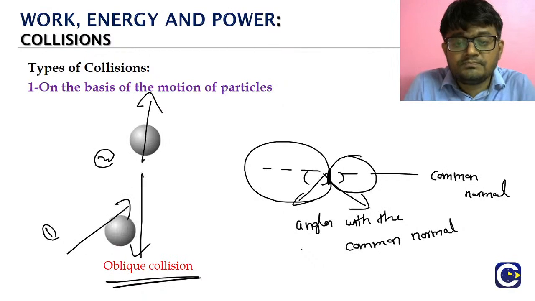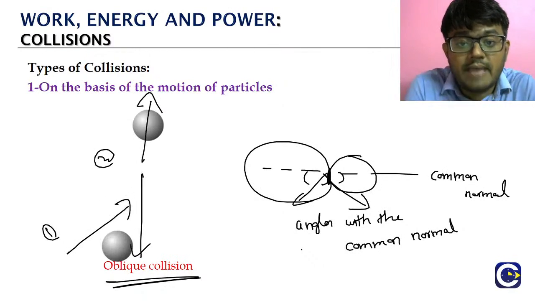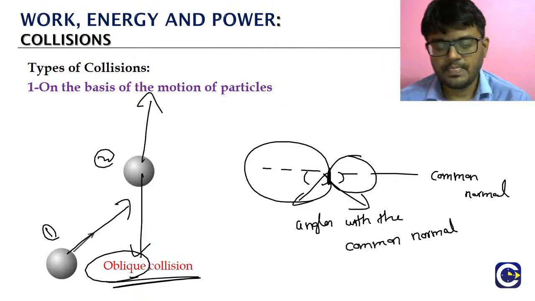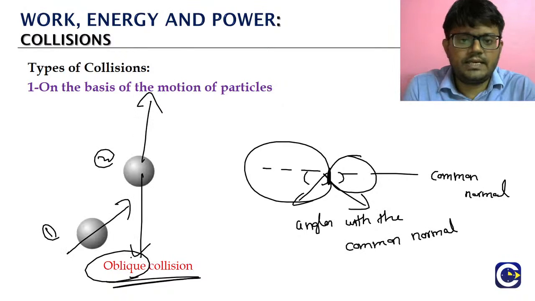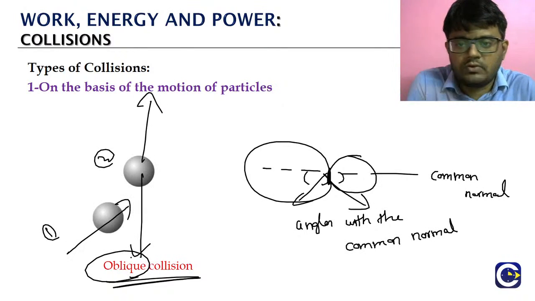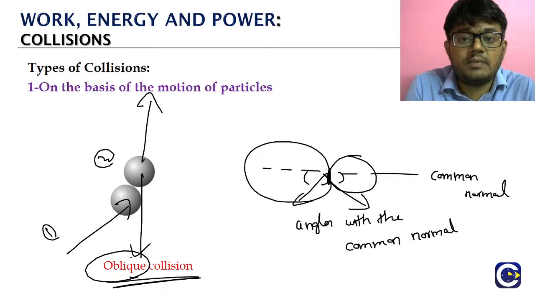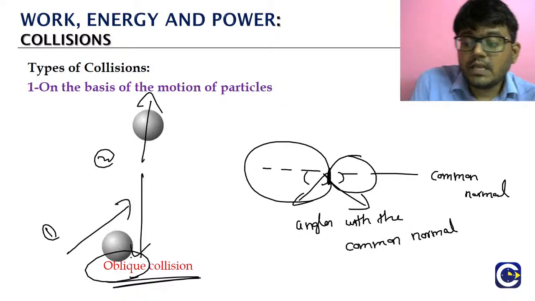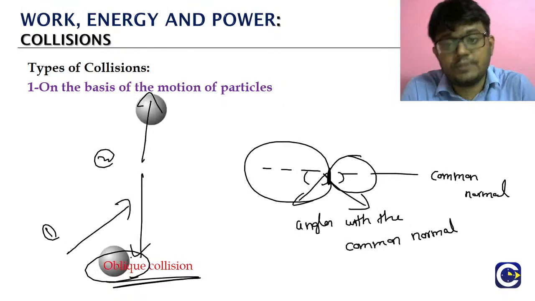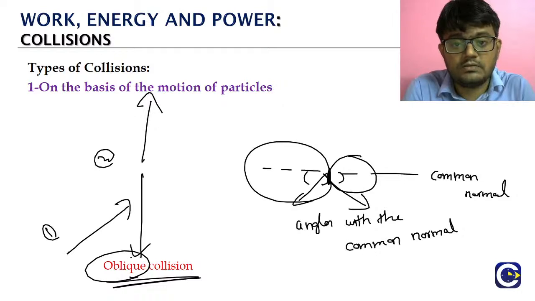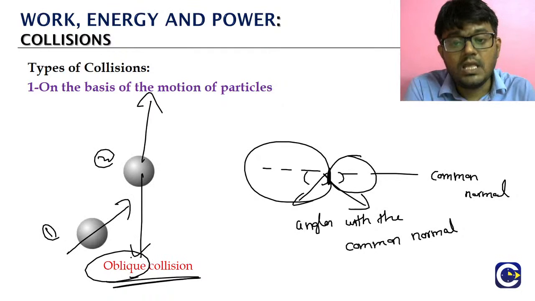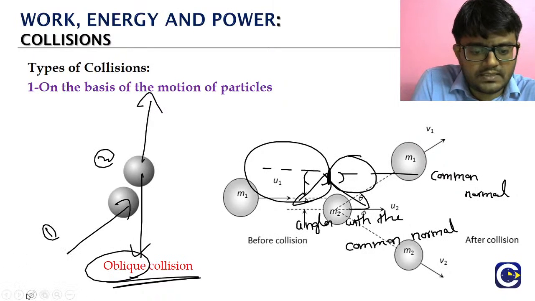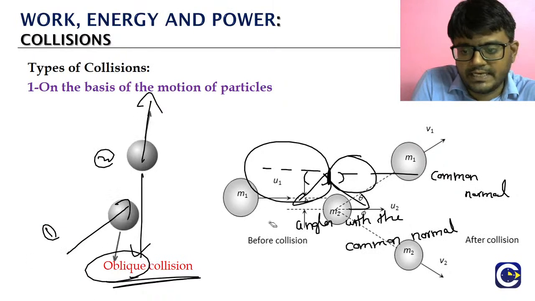In case of oblique, the velocities will be making some angle with the common normal. That is how the word oblique is used, and the motion will not be confined to a straight line. It may be in a plane or even in 3D space. So this is how we classify the collisions based on the direction of motion of the particles. One is the head-on, also called one-dimensional. The other one is the oblique. Now we can see how this oblique can be represented.